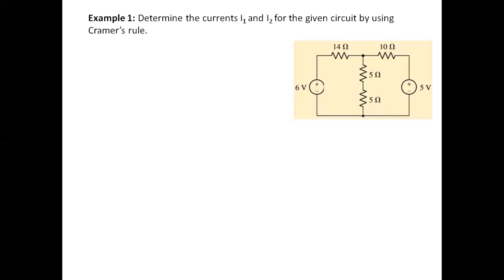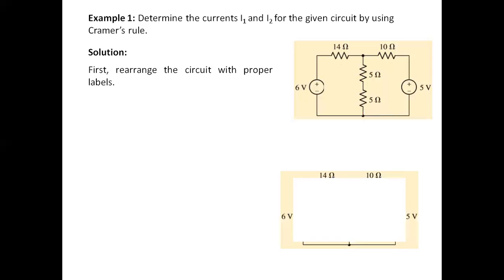Because we already know when you need to apply KVL, similarly for this, because these are the two loops, you can apply KVL directly, instead of going for KCL. Now that is the first step. We need to first rearrange the circuit with proper labels. In the first loop, that is the I1 current. In the second loop, it is the I2 current.